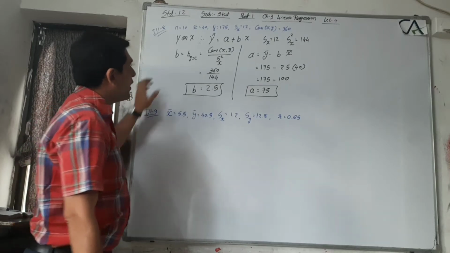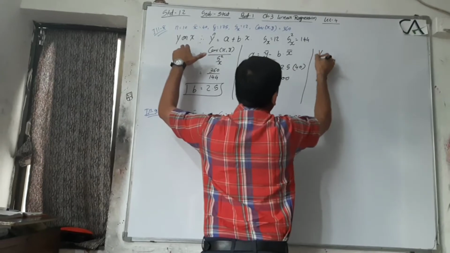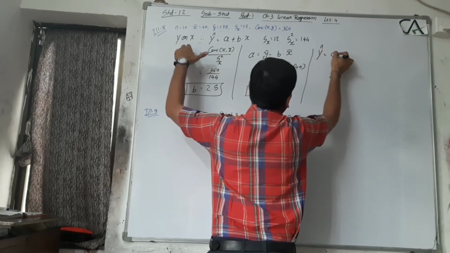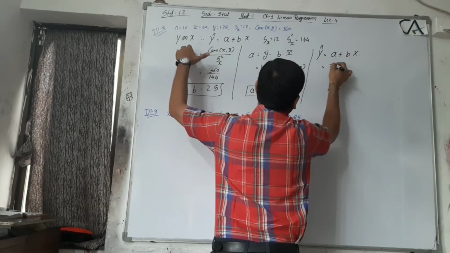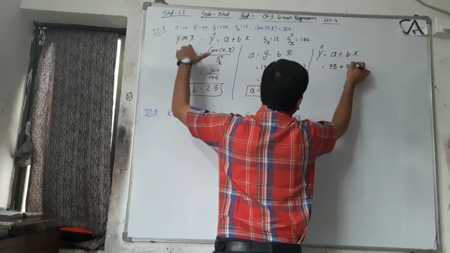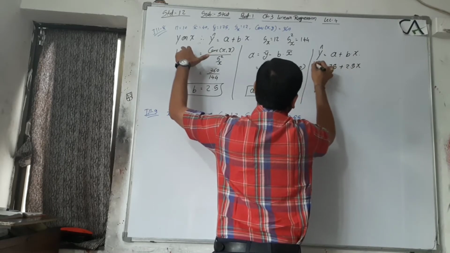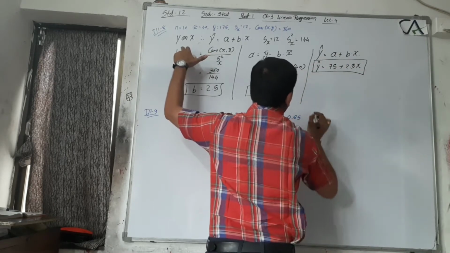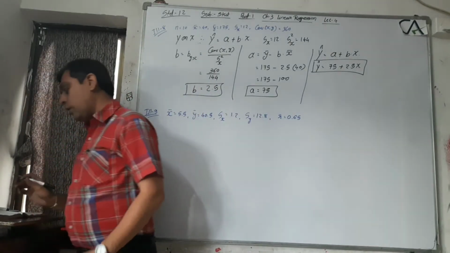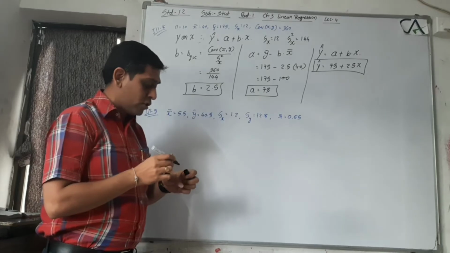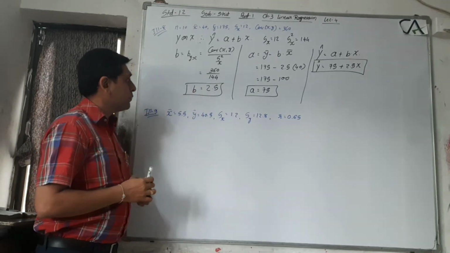Now we have to find the regression line of y on x. Y cap is equal to a plus bx, that is 75 plus 2.5x. This is your first main answer. Obtain the regression line of y on x. Okay, this is your short sums and it is completed. First of all, write down these.